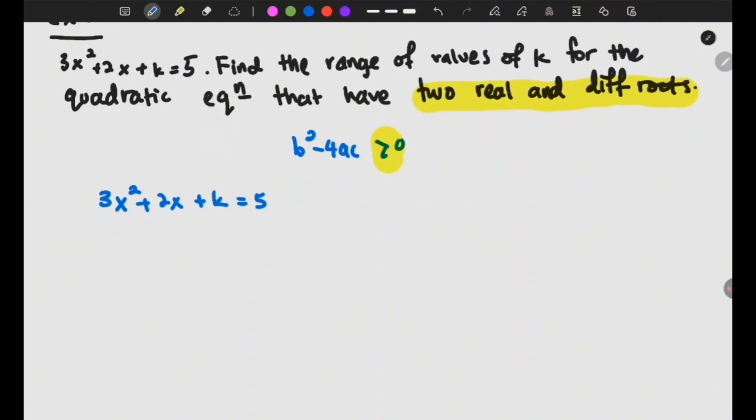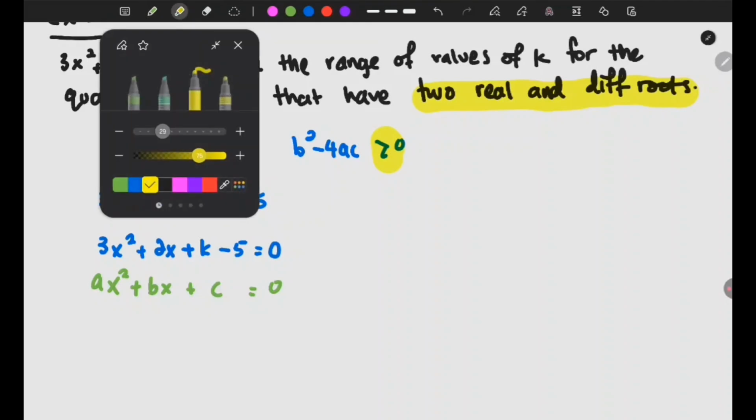So let's do that. 3x squared plus 2x plus k minus 5 equals to 0. You can see it's in general form already, as this is your ax squared plus bx plus c equals to 0. So this is my c, k minus 5. My b is 2, my a is 3.